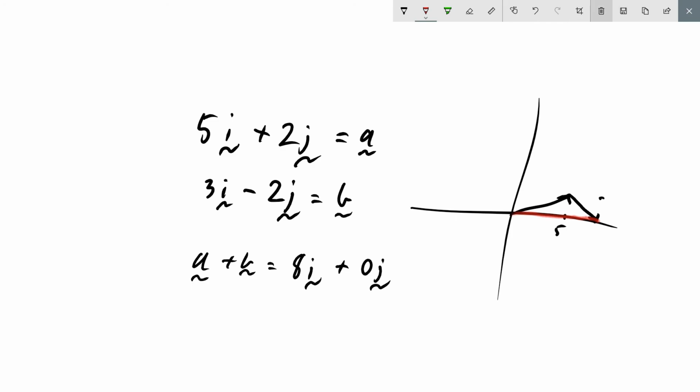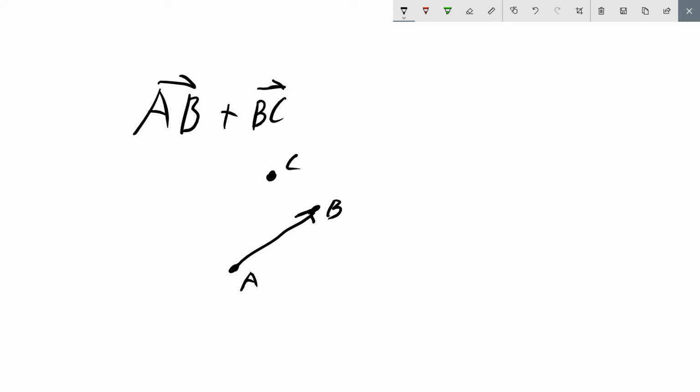Which brings me to my next point. If I have AB vector plus BC vector, because let's say this is A, B, and that's C there. If I go A to B and then B to C, I've effectively traveled from A to C. So I can write that, AC.